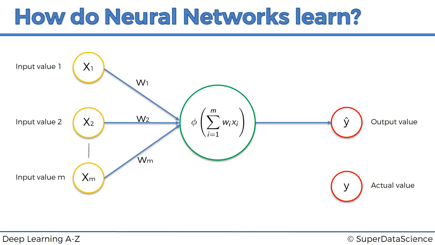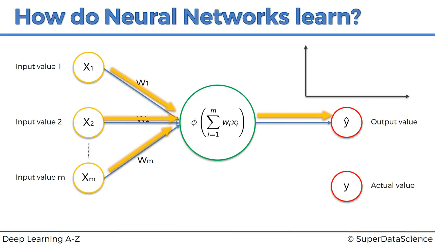Let's say we have some input values that have been supplied to the perceptron, or basically to our neural network. Then the activation function is applied. We have an output, and now we're going to plot the output on a chart. So there it is, our output Y hat.